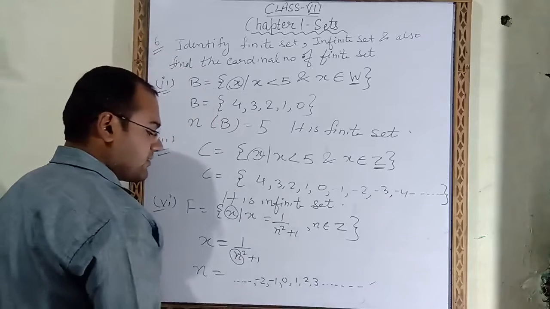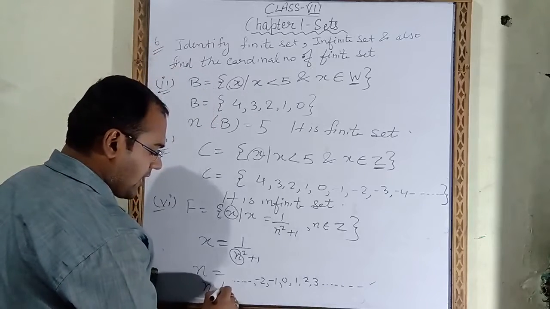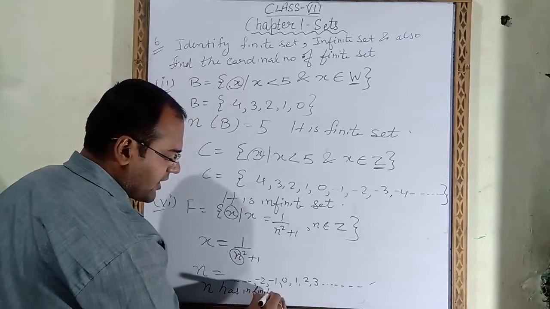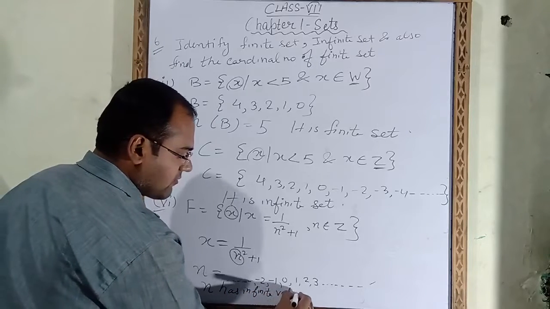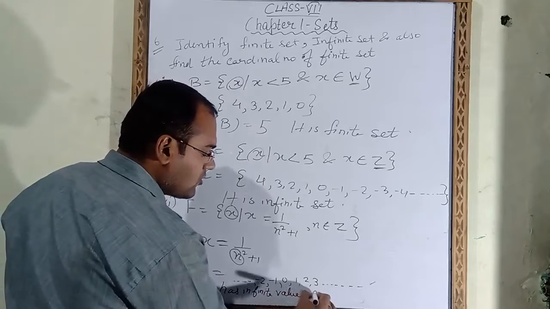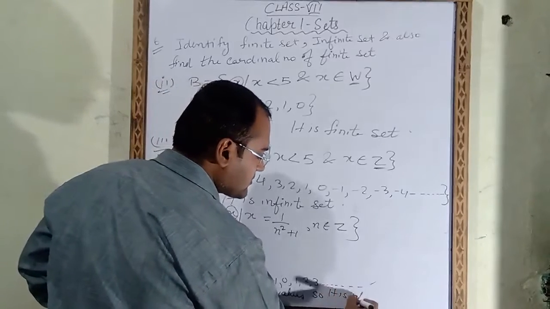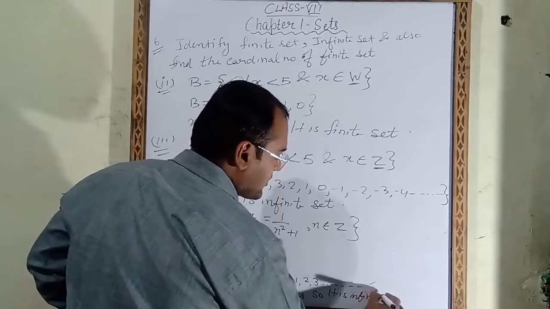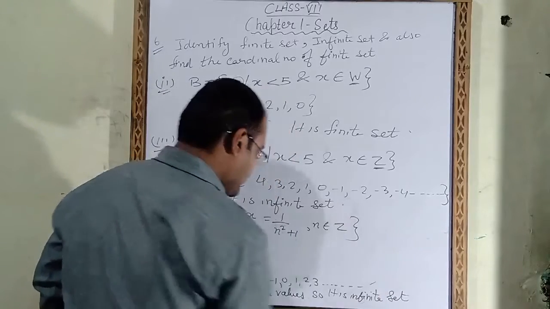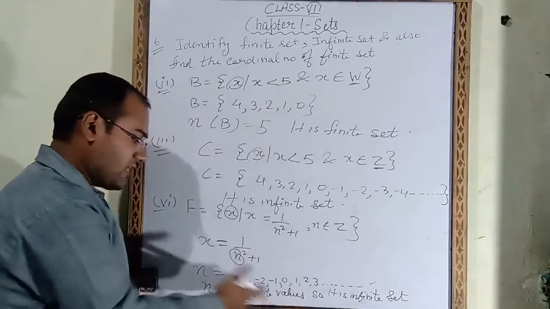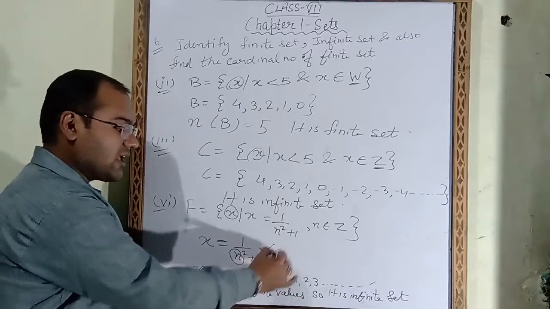So you have to write n has infinite values. Since the values of n are infinite, we will put all those values in this formula.